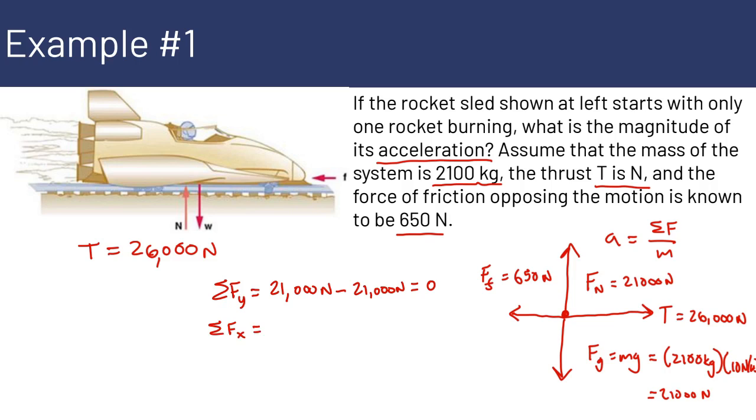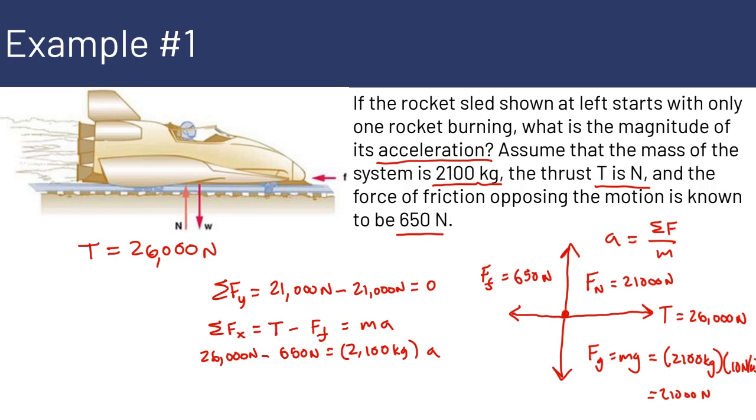I'm going to write this out, so we have the force of thrust minus the force of friction, and that's equal to the mass times acceleration. So we have the thrust, which is 26,000 newtons, minus the force of friction, which is 650 newtons, which is equal to our mass, which is 2,100 kilograms, times the acceleration, which is what we're looking for.